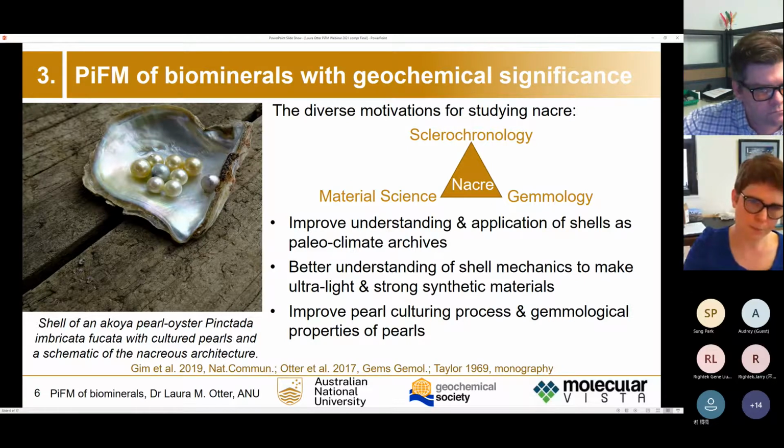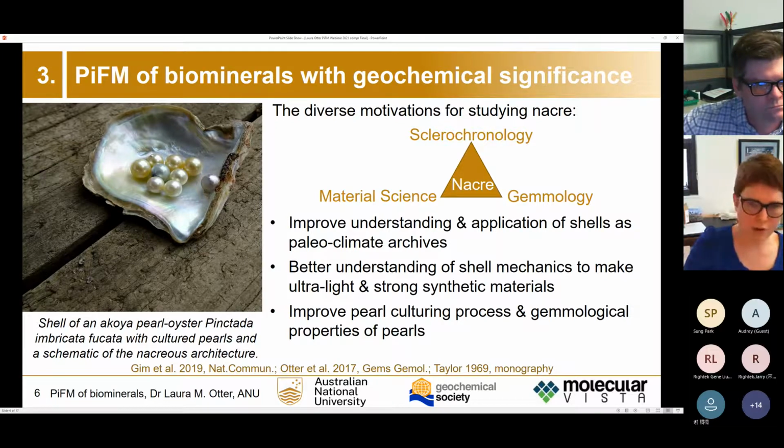The other one sort of falls into the realm of material sciences because shells are so mechanically strong and crack resistant, and we can't actually make materials so light and strong with just simple phases like calcium carbonate and a bit of organics ourselves at low pressure and temperature conditions like the bivalves.